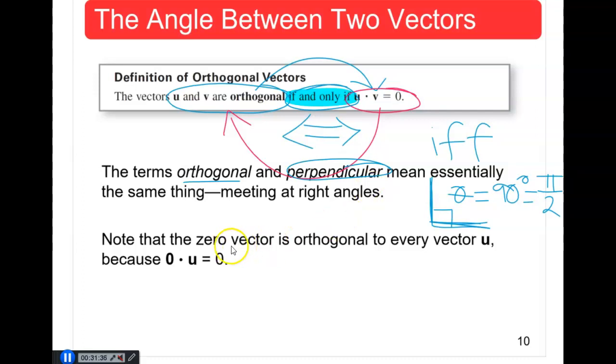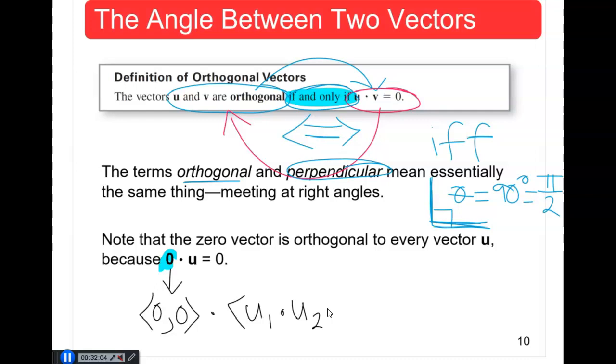Note that the 0 vector is orthogonal to every vector u, because the 0 vector, remember, if it's bolded, is a vector. The 0 vector times any vector will always give you 0 because the components of the 0 vector are just 0 and 0. So it doesn't matter what the components of vector u are.